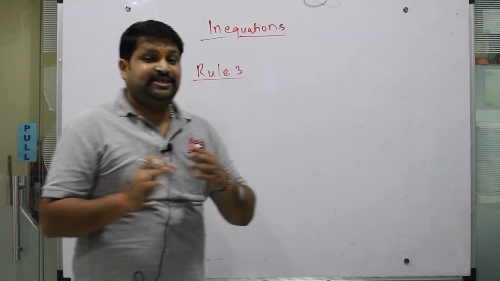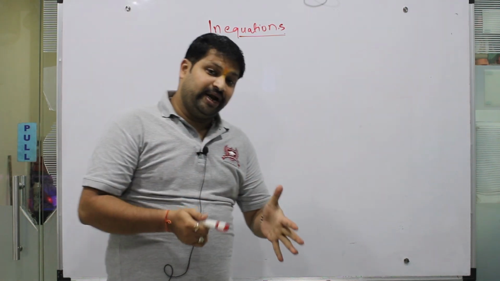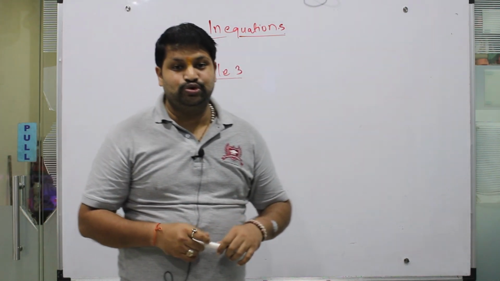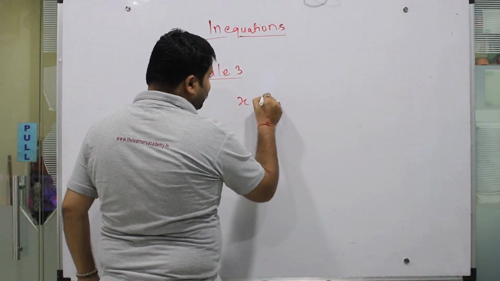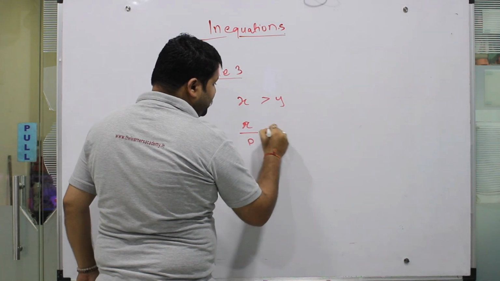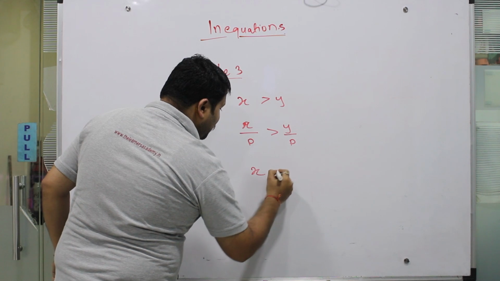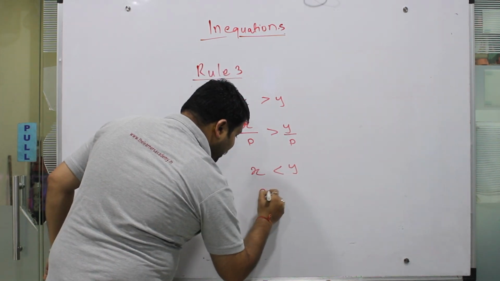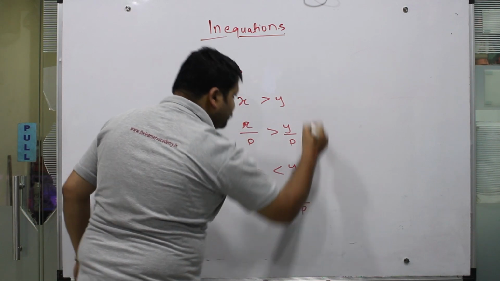Now let us go ahead to the second part of the same rule, which says that if you divide it by a positive number, the sign will also remain the same. Meaning, if x is greater than y, then x by p will be greater than y by p. If x is less than y, then x by p will be less than y by p.